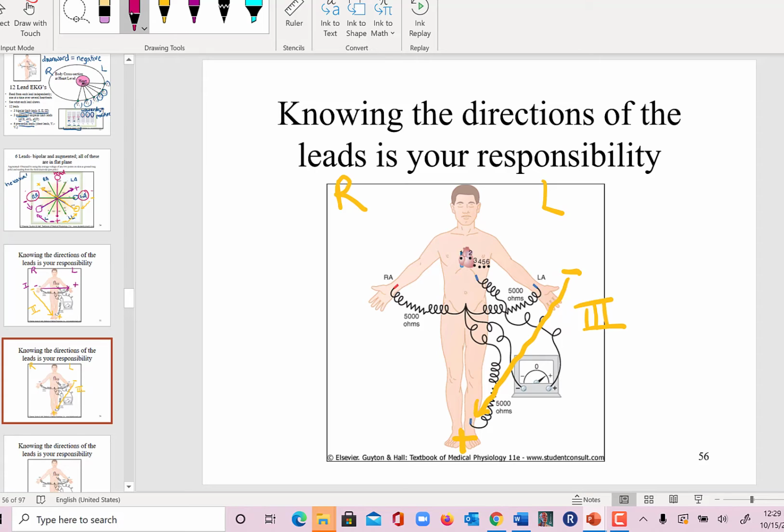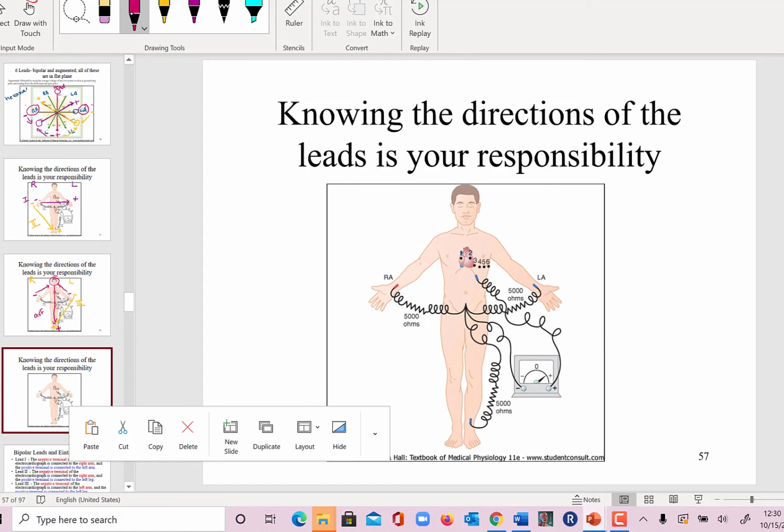In lead AVF, the foot is shown as positive, the right arm is negative, the left arm is negative, and so the machine takes the average distance between those 2 negative poles, and that would be your head. So lead AVF points straight down.